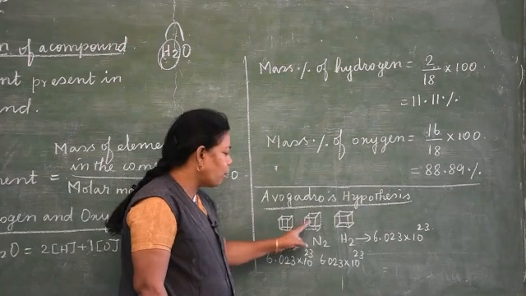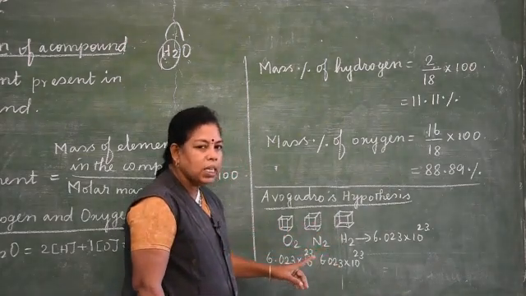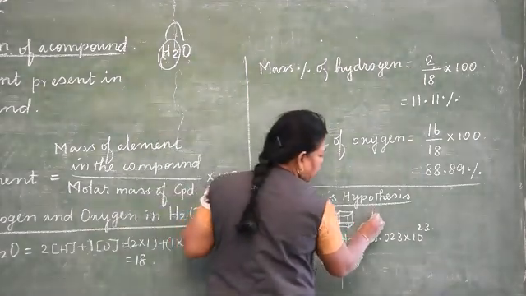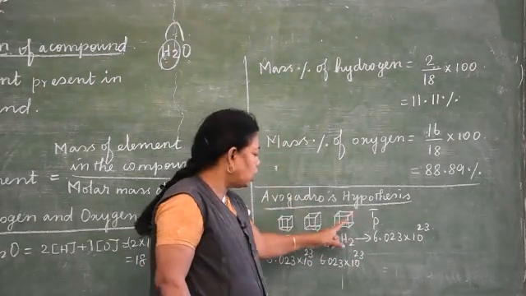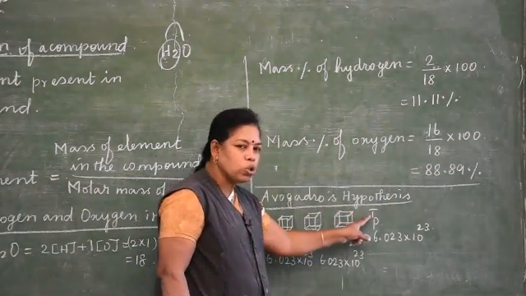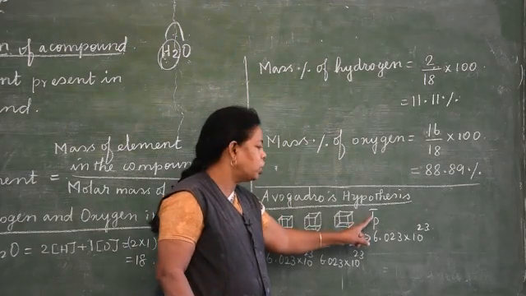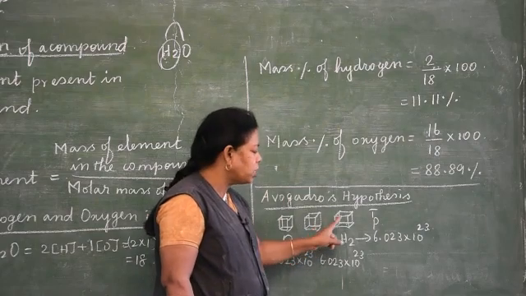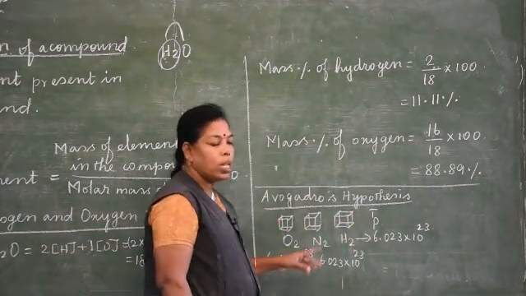So, equal volumes of all the gases at the same temperature and pressure. The temperature and pressure should be maintained the same for all 3 boxes, that means they should be kept under the same condition.